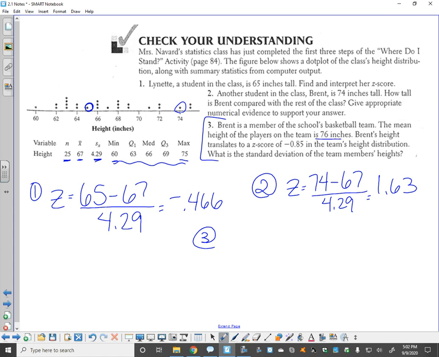Okay, now here's the other thing. It tells me what the Z-score is, and it wants me to find the standard deviation. Okay, let's go back to the formula. Z equals your piece of data minus the average over the standard deviation. That's it in stats symbols.